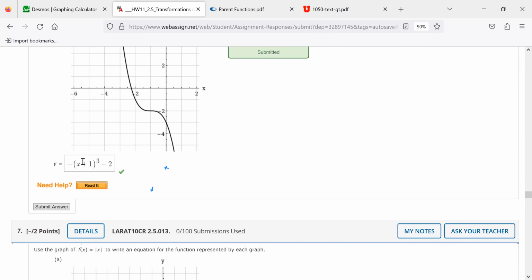If you would have done the horizontal, the y reflection, if you put the negative inside, it would have turned into this anyway. Yeah, you can write it as, like, using the y notation instead of f of x.